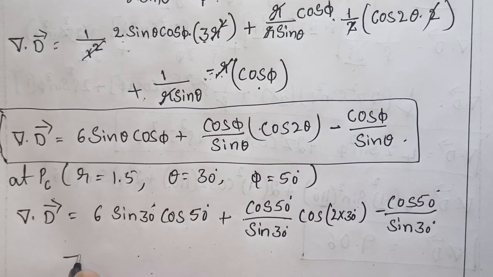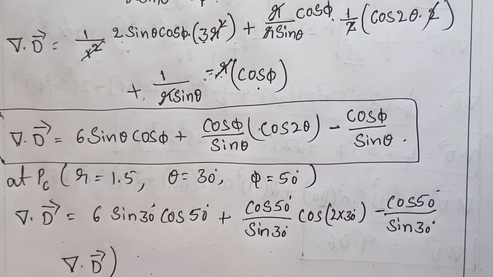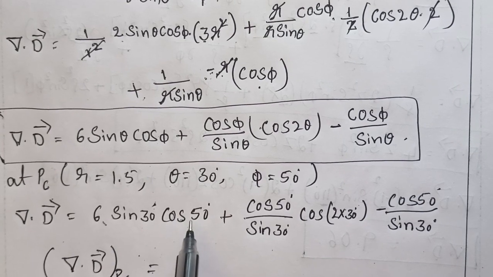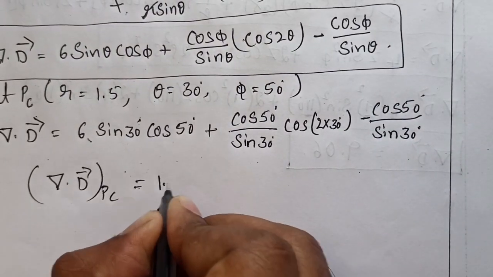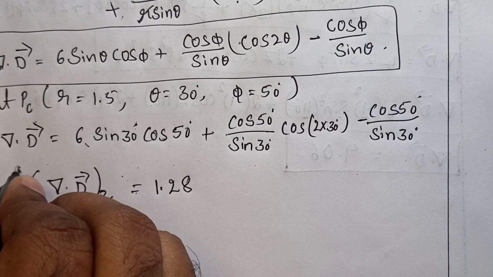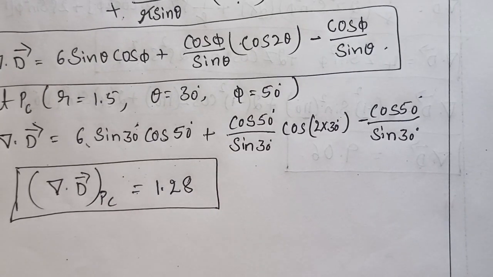Substituting in the calculator and simplifying, you get del dot D at P_C is 1.28. This is the divergence of vector D at this point. Thank you very much.